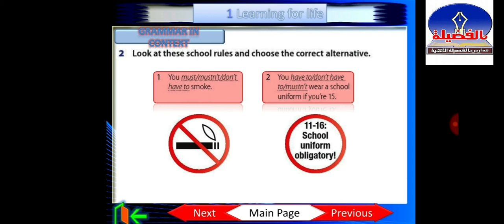So the answer is you mustn't smoke. 2, inside the circle from 11 to 16, school uniform obligatory, إلزامي. The sentence is you have to, don't have to, or mustn't wear a school uniform if you are 15. Of course, the correct answer is have to. You have to. يلزم.